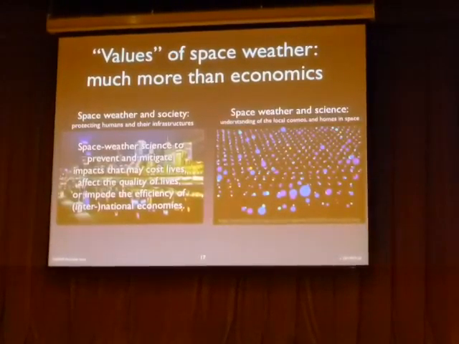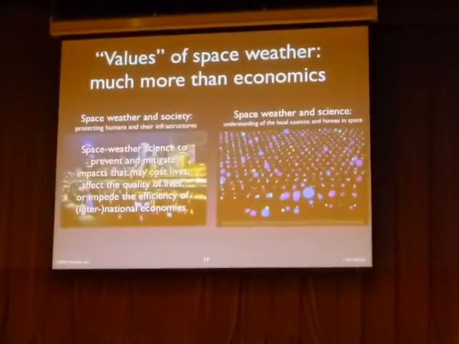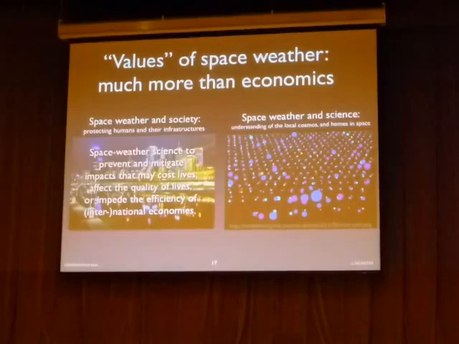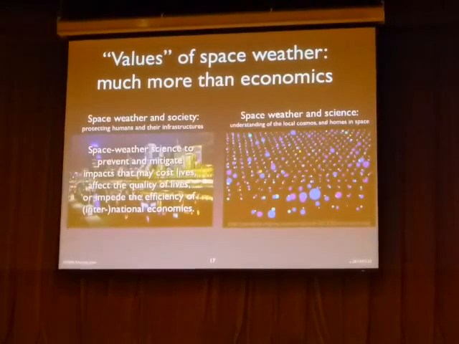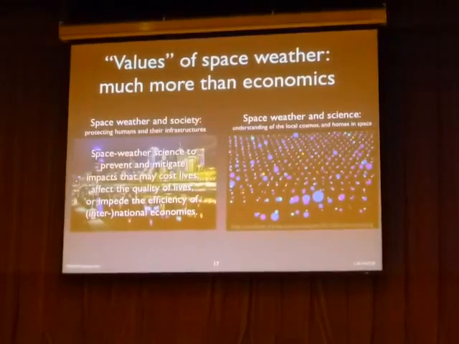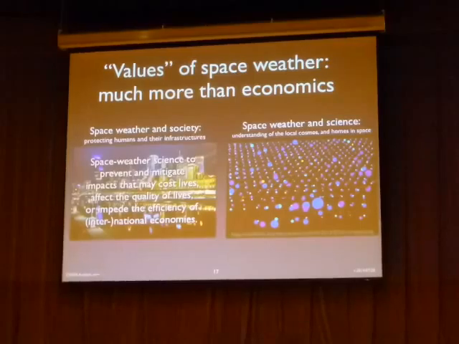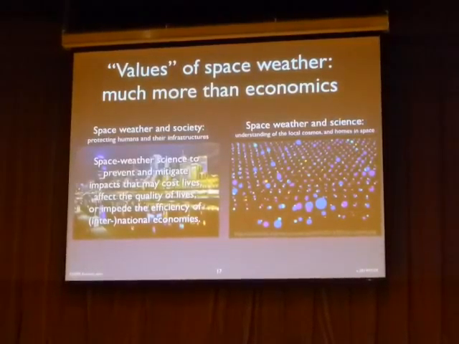On the right-hand side, I'm showing you a visualization of all the planetary systems that we have substantial knowledge of, the planets, and of course by now we expect something like several billion in the galaxy. But it means that there are many other places in which space weather happens. And it's interesting to think about how we can apply our knowledge from here to those systems.